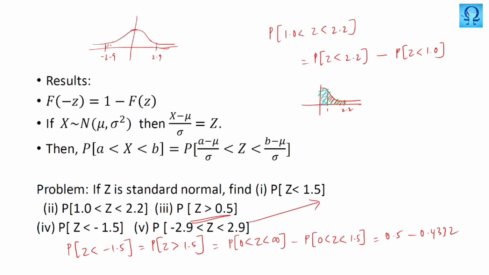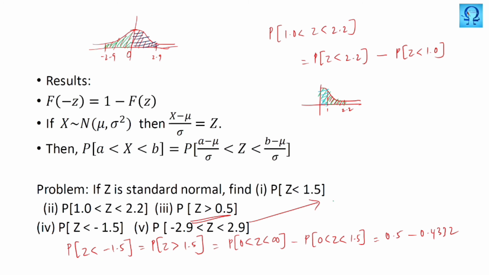So this is the area that we are looking for, isn't it? In this case, what you can do is take from 0 to 2.9. Let me differentiate that in different color. This blue one and this green one, they both are the same. What I mean to say is that their area, their probability, is the same.